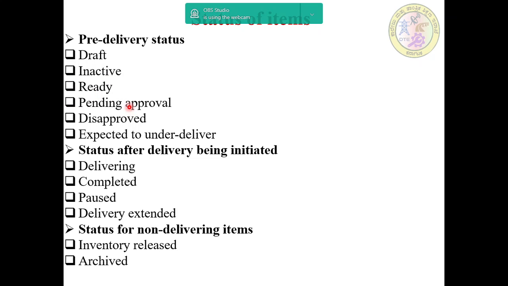Next one is ready. Here items marked as ready have been activated but have not started delivering. It can take up to an hour after activation for the status to change from ready to delivering. Next one is pending approval.